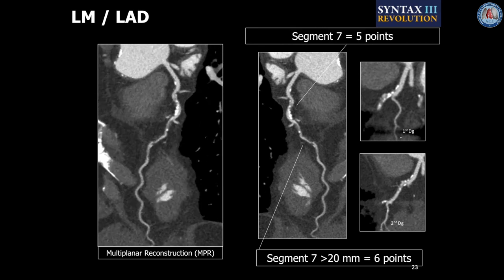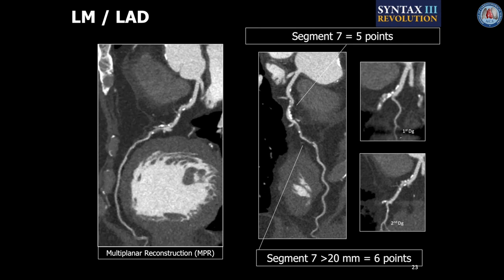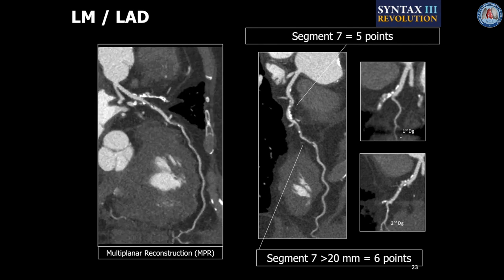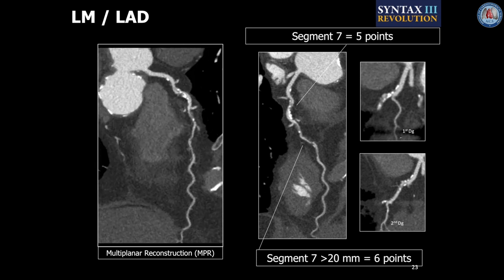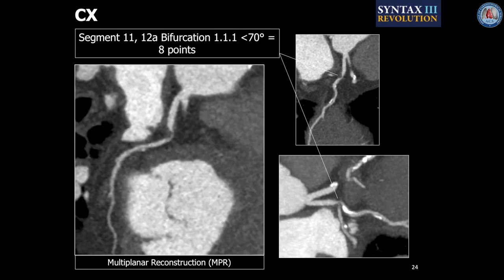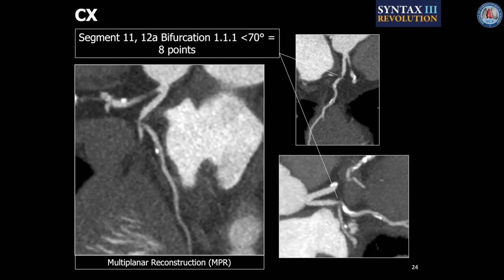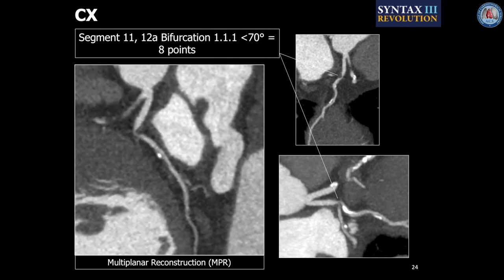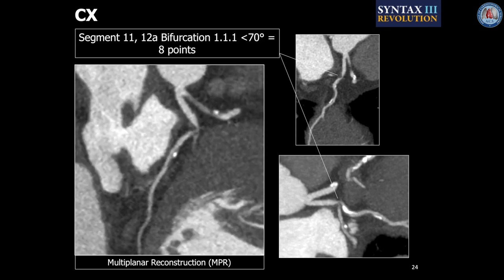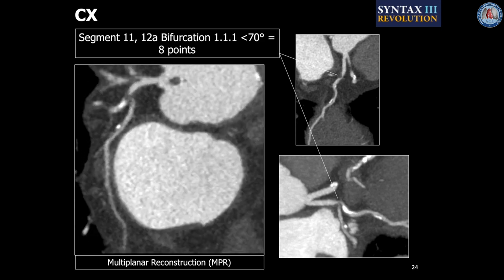Because it's a long segment of more than 20 millimeter, and because it is in segment 7, we got 6 points for this lesion. Now, if we go to the circumflex, it's clear that we have a severe bifurcation with Medina 111.